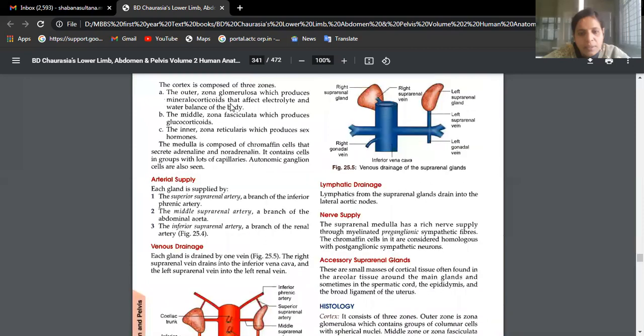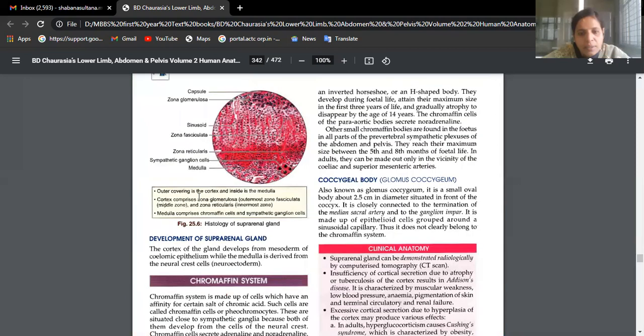So in the cortex area, we have the three zones: zona glomerulosa, fasciculata and reticularis. Outermost covering, you will have a capsule. After the reticularis area, we have the medulla. Zona glomerulosa is outermost and it will have large cords of cells.